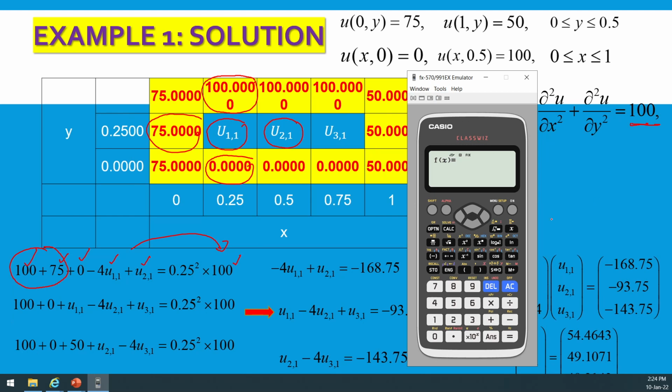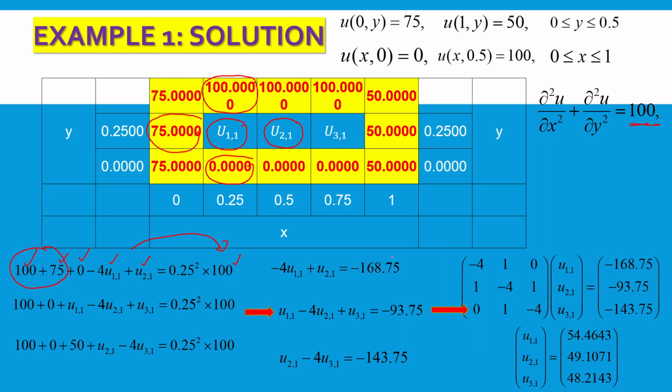In here, 0.25 squared times 100. Left side, the boundary condition 100 plus 75 bring to right hand side. So minus 175. So you get negative 168.75.